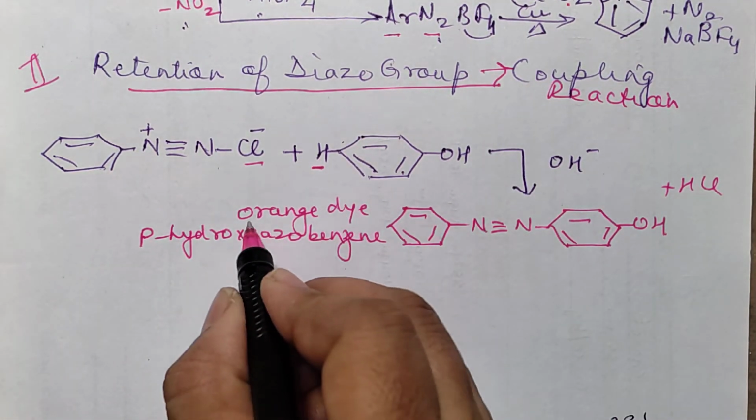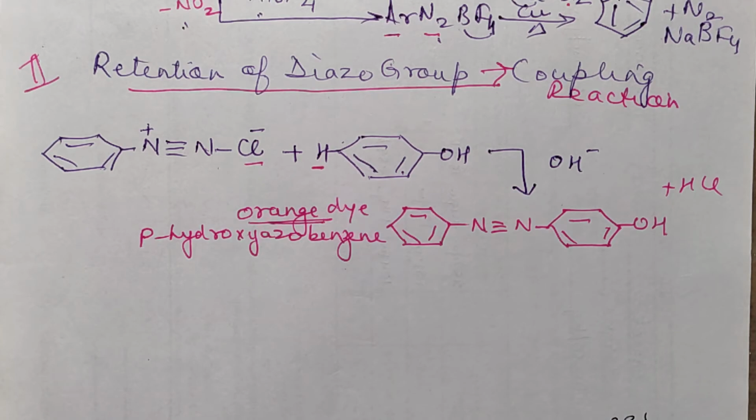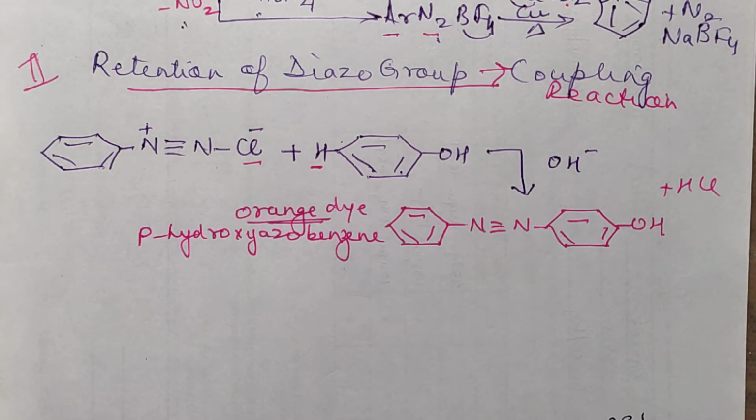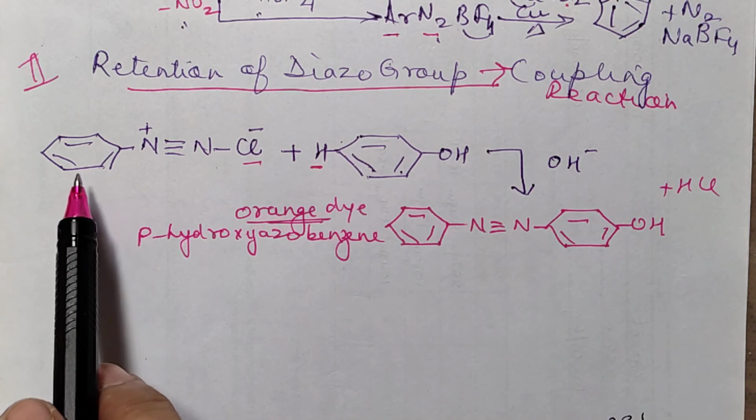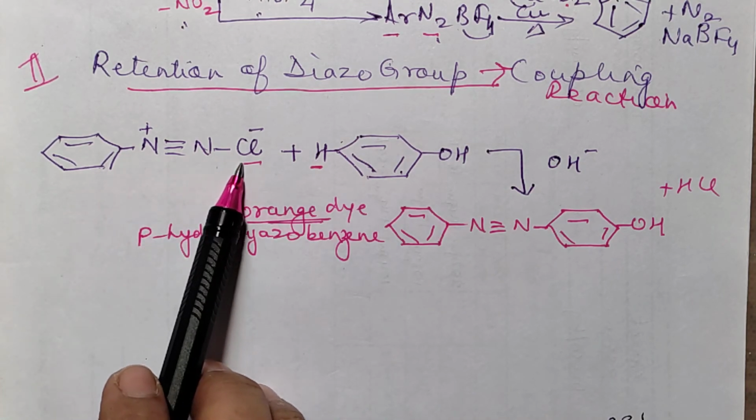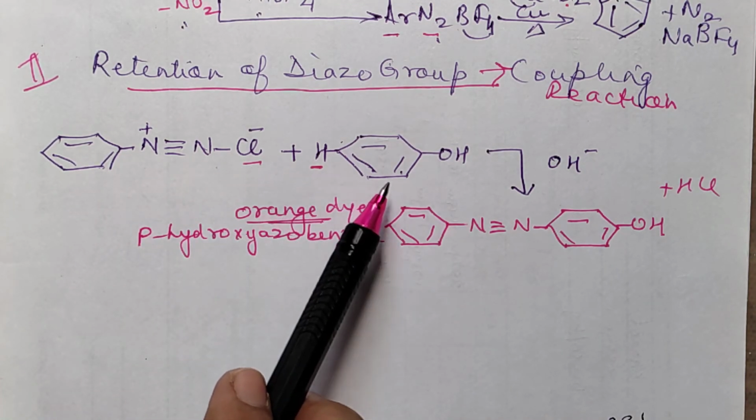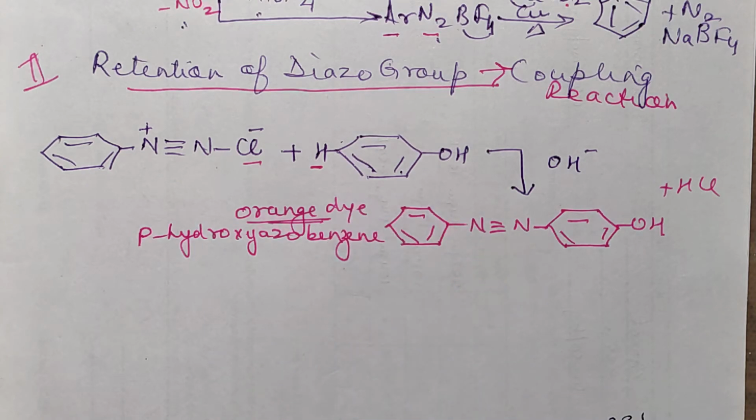It is an orange colored dye. You can also use this as a distinguishing test. If primary aromatic amines are to be distinguished from something else, first you convert the primary aromatic amine to diazonium salt, make it react with phenol, and you will get the orange colored dye.